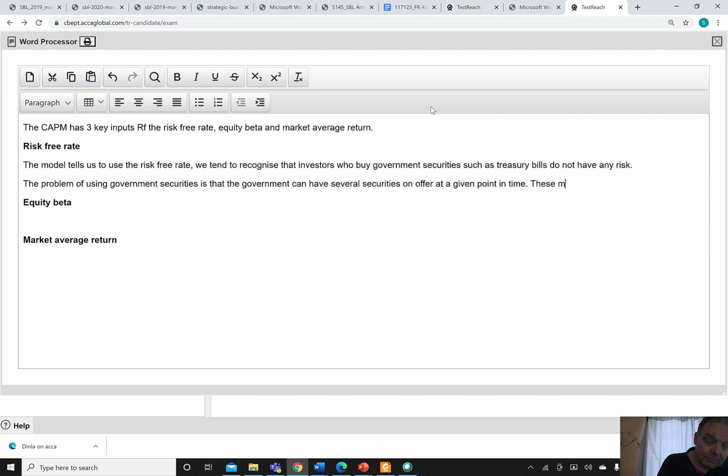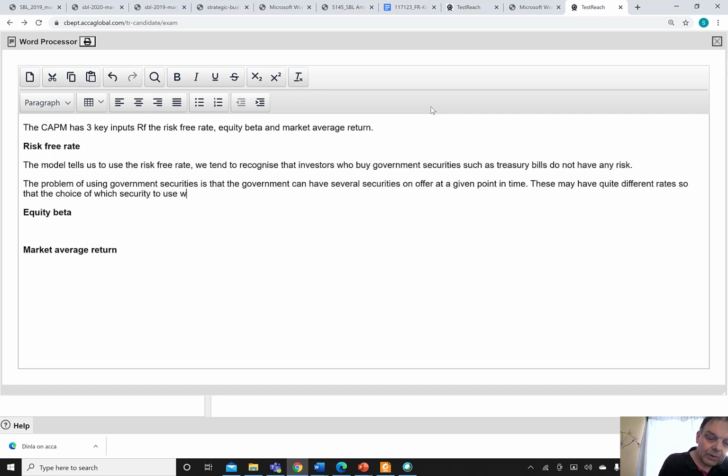These may have quite different rates, so that the choice of which security to use will influence the CAPM cost of equity.